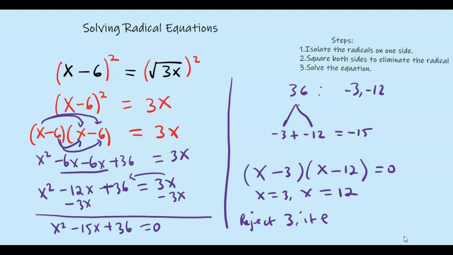It is an extraneous solution. It's a solution of the quadratic, but when we put it back, it doesn't satisfy the original equation, so we call it an extraneous solution. And we will accept x equals 12 as the solution.